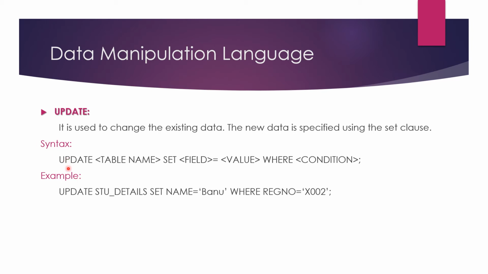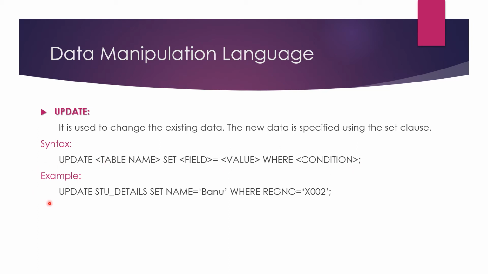And here is the syntax for the update query: update table name, set field name equal to value where condition. Here we have to give the condition which is suitable for us, and then end the statement with a semicolon.